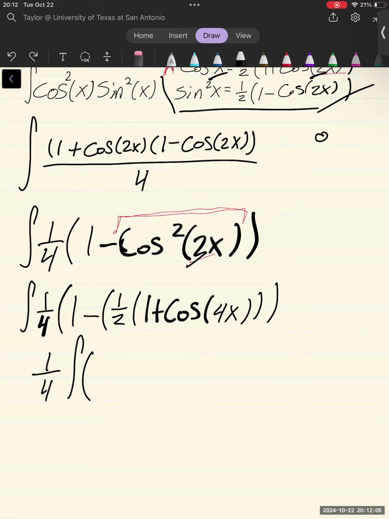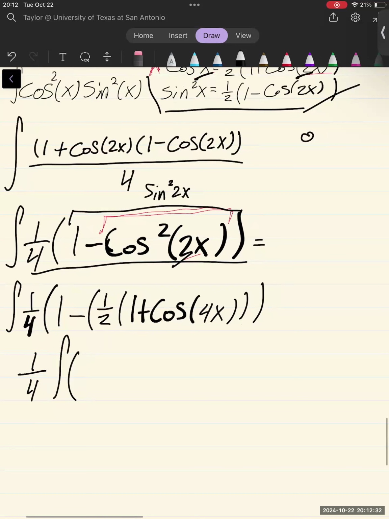So 1/4 1 minus cosine squared 2x. The power identity of that is going to be sine squared 2x, right? So we're going to be using 1/4 times sine squared 2x, and then on the next step we're going to expand using the power reduction again, and then we're going to have 1/4 times 1/2 1 minus cos 4x.